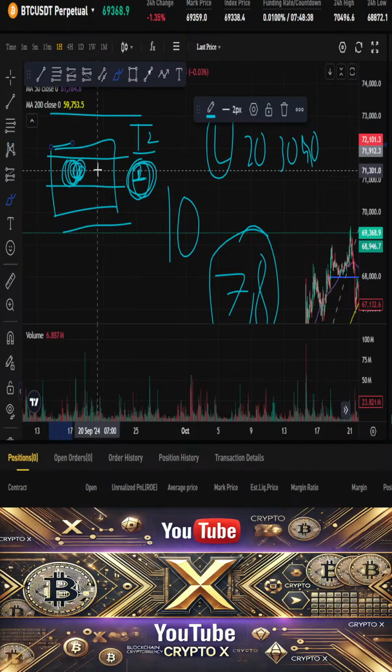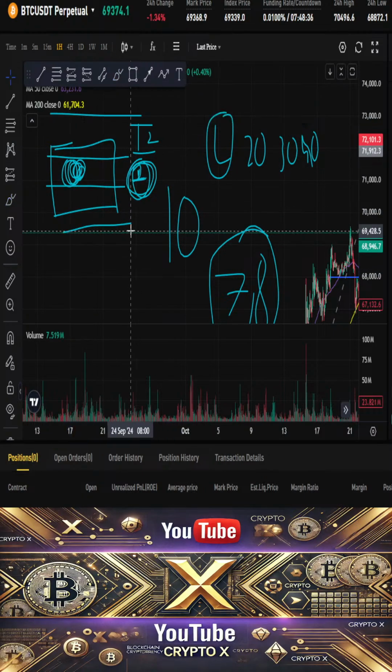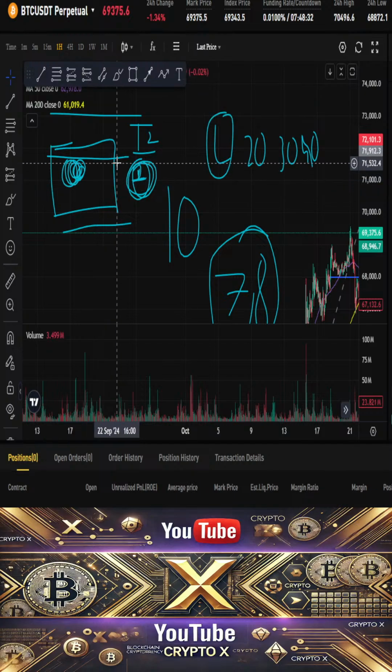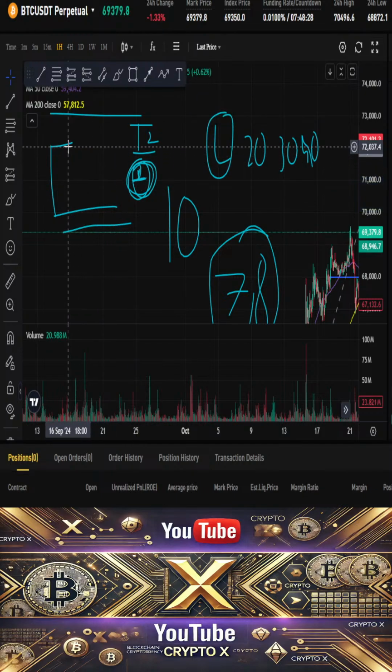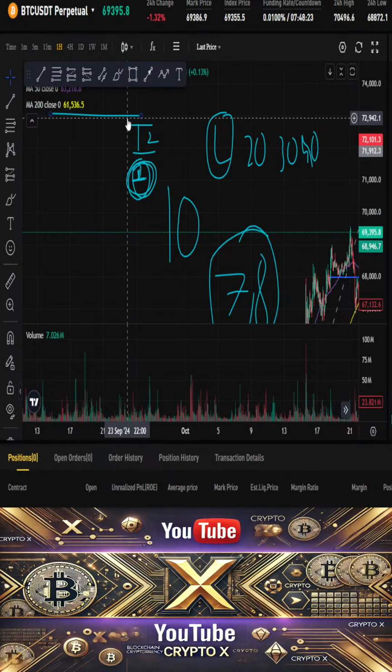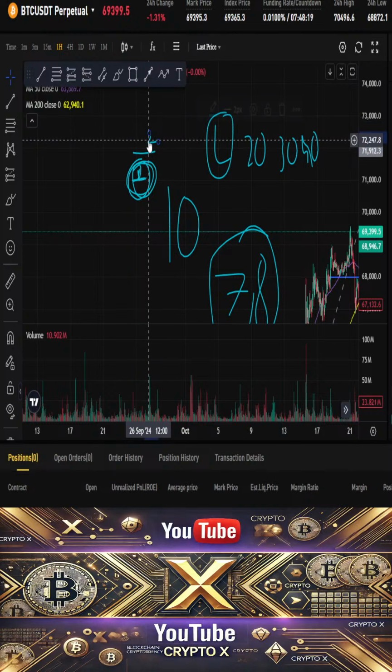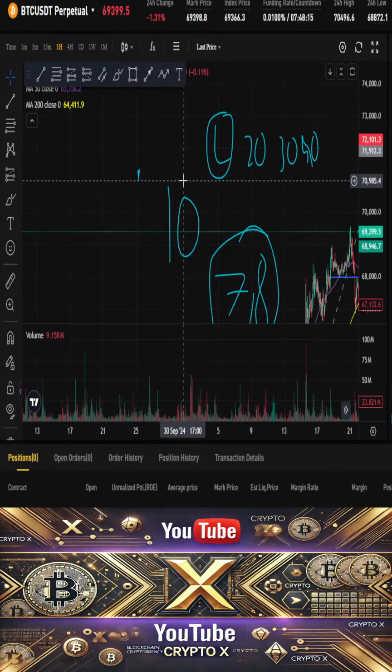Or make your target, then grab your SL. But check both the things together. If you are in a trade, then just leave it. Set your SL in the computer and leave it. Be confident in yourself.